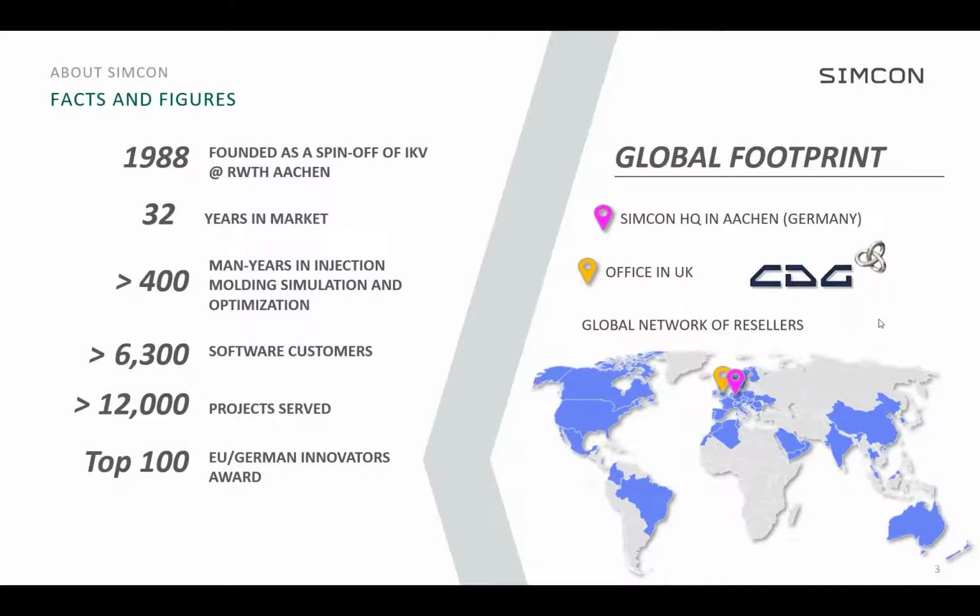They have over 6,000 customers worldwide, and thousands of projects have been undertaken using their analysis software. For CDG, we are their sole UK supplier of software, training and services using this software.